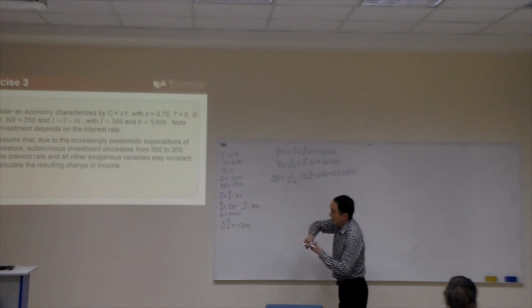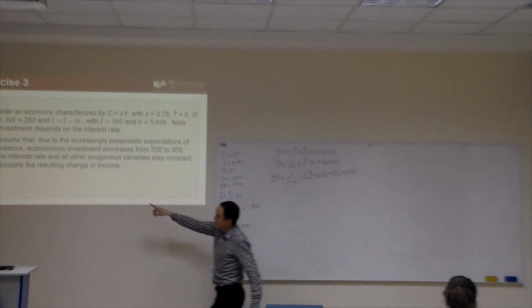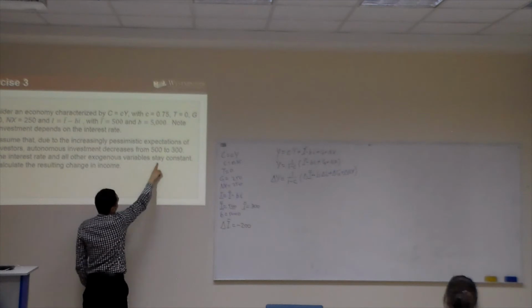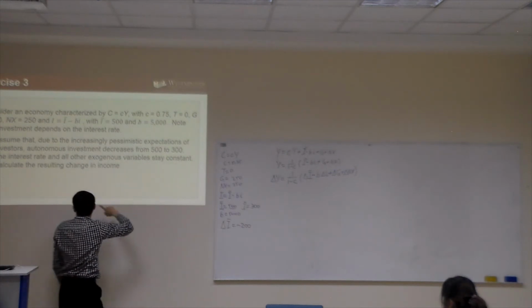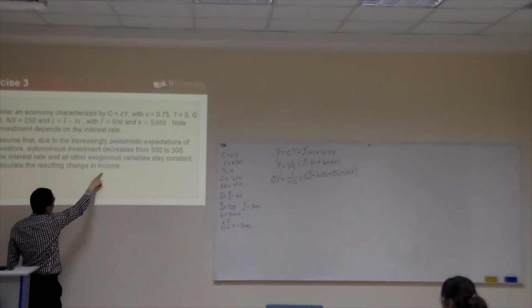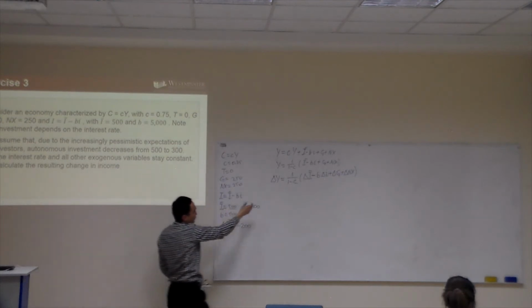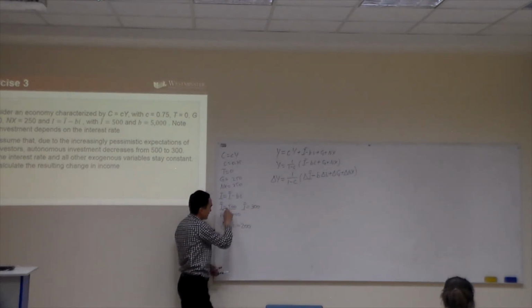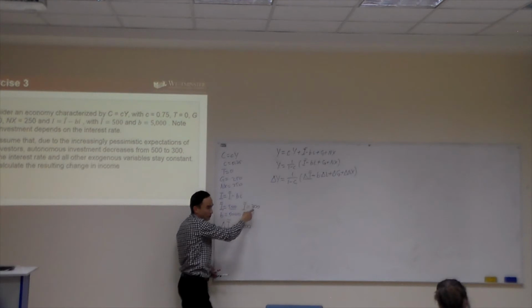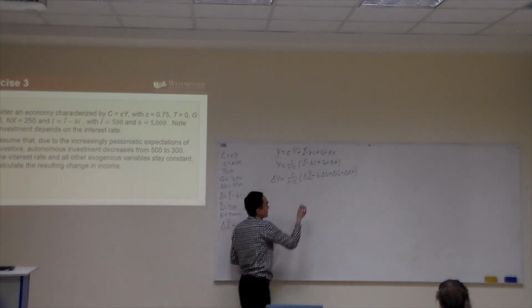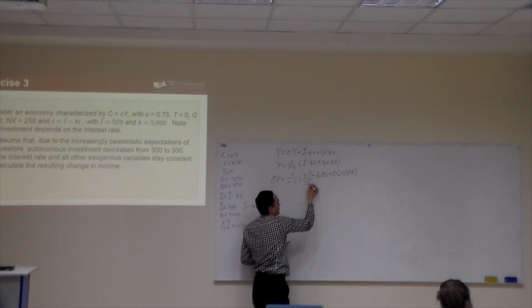So now we are saying that the interest rate and all other exogenous variables stay constant, not changing. Calculate the resulting change in income. How is it going to change if autonomous investment reduces from 400 to 300? Change in investment is minus 100... now it is minus 200.